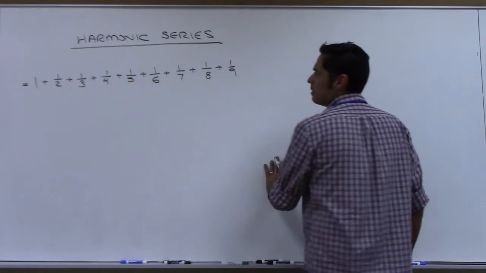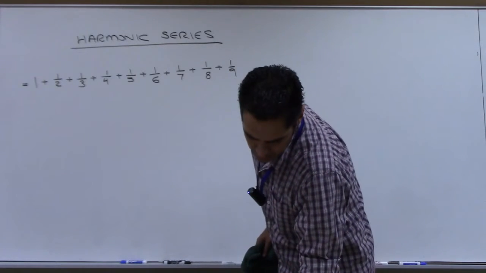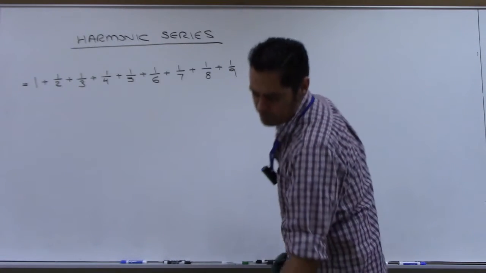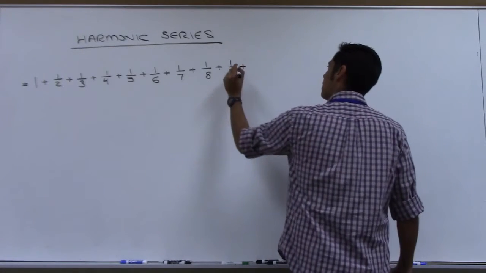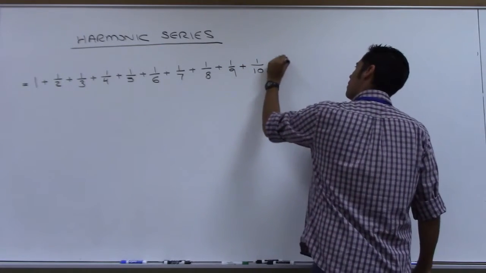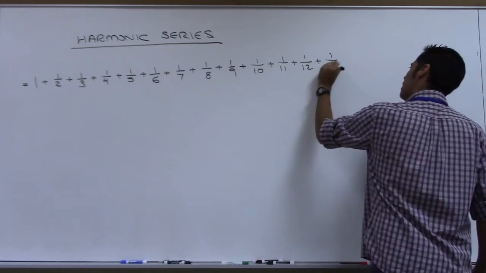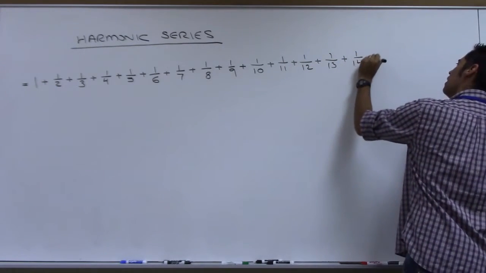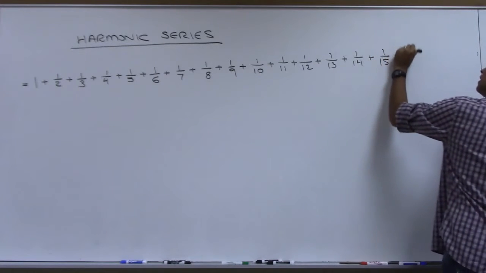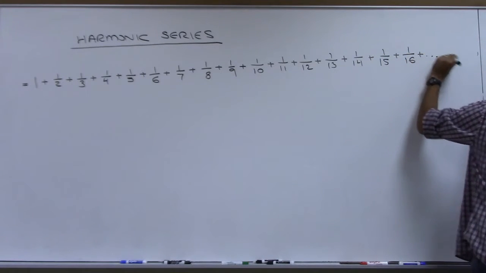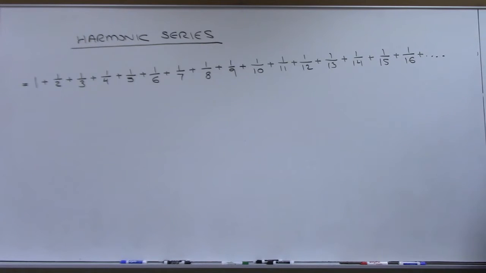How far do I want to go? I'm going to go to the 16th: 1/10, 1/11, 12th, 13th, 14th, 15th, 16th. For homework, I'd like you to go out to 1,000,000. That'll be a bonus. I'll see you next semester when you're done.